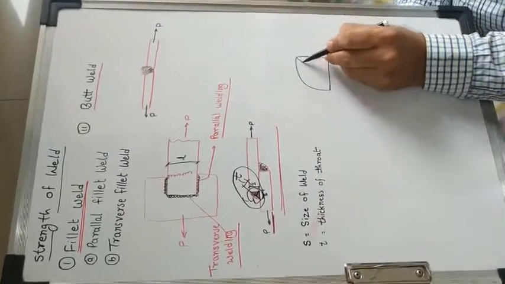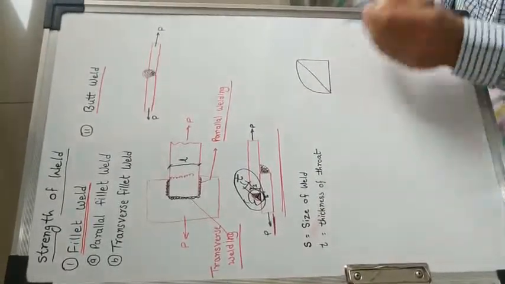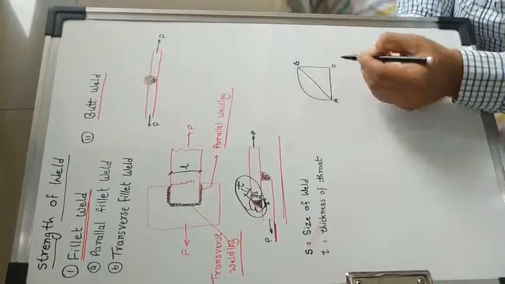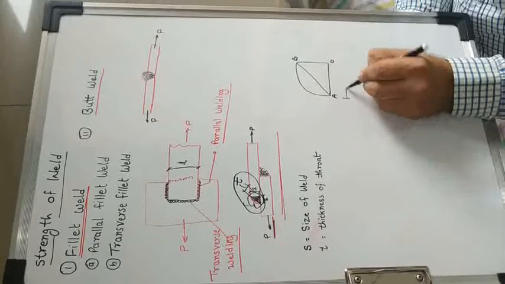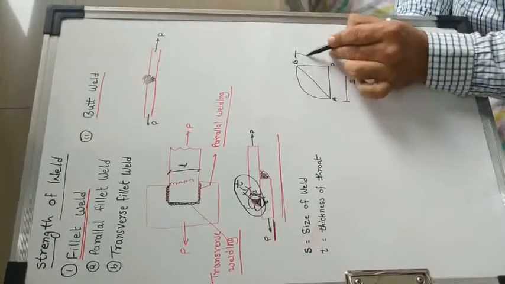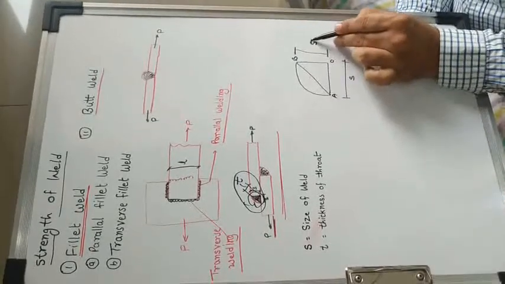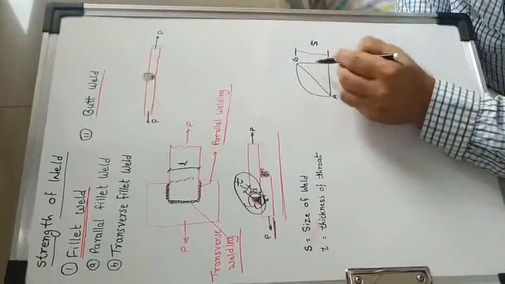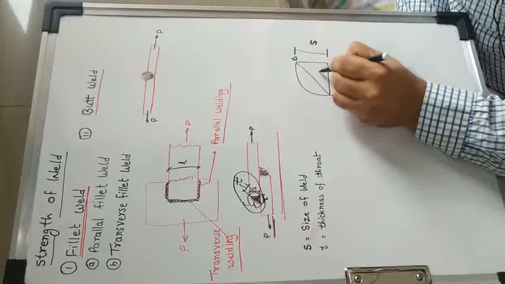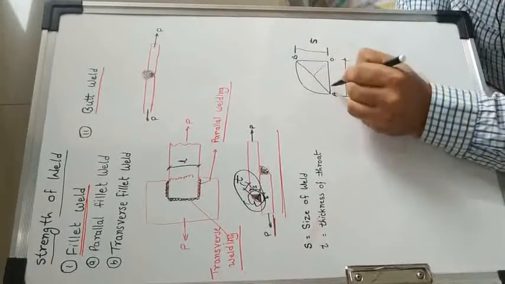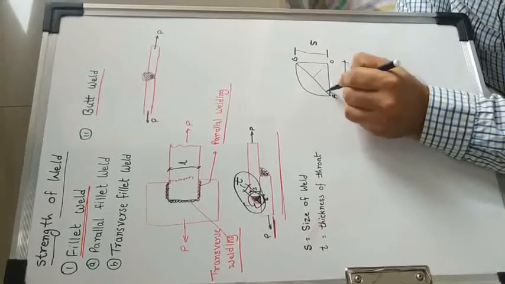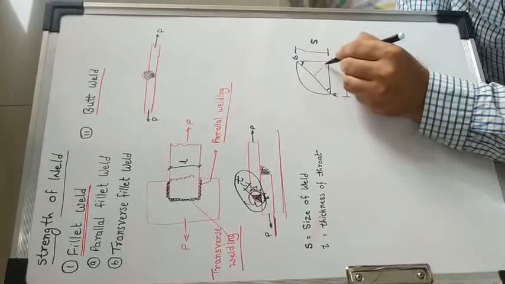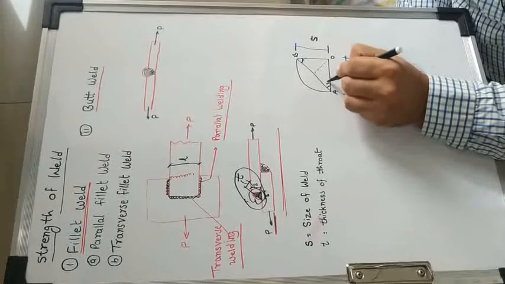If I connect it like this, and consider O, A, B, so this is S, this is also S because both plates have the same thickness S. If I put it perpendicular, because both are the same thickness, this angle and this angle are also the same, and it is 90 degrees, so definitely it is 45 degrees.